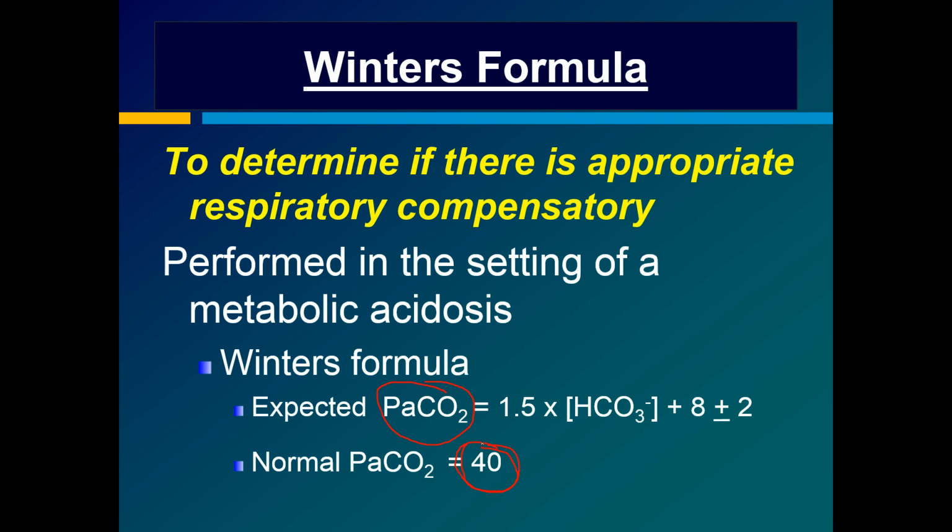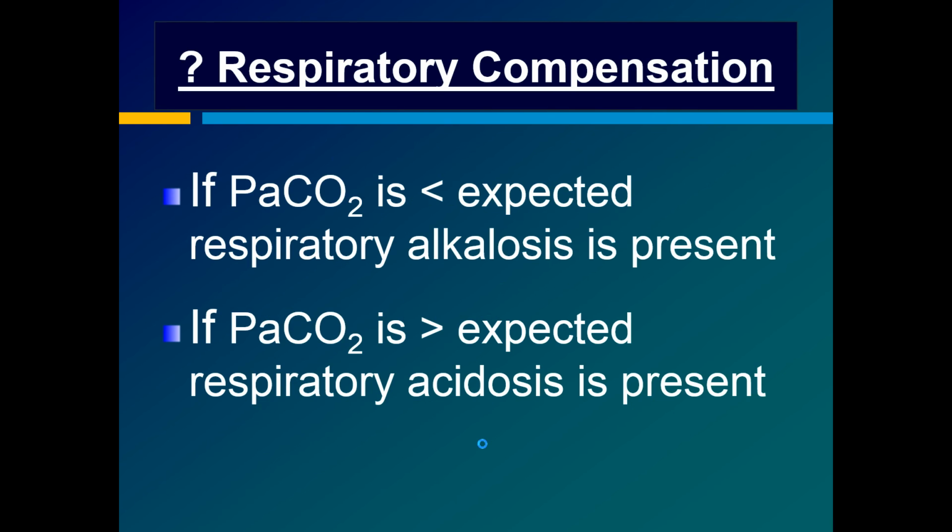When someone has a metabolic acidosis from whatever, DKA or lactic acidosis or uremia or whatever it may be, then the expected normal is going to be different than 40. It really depends on the underlying scenario.